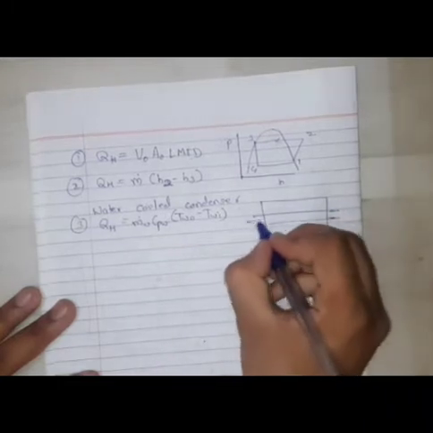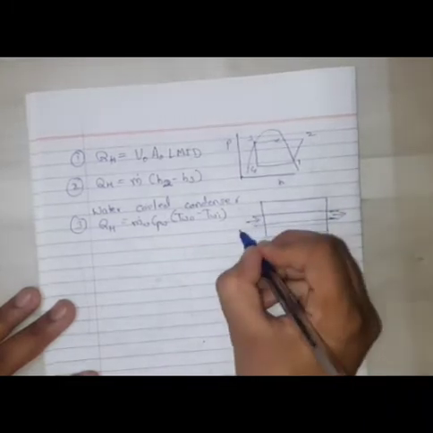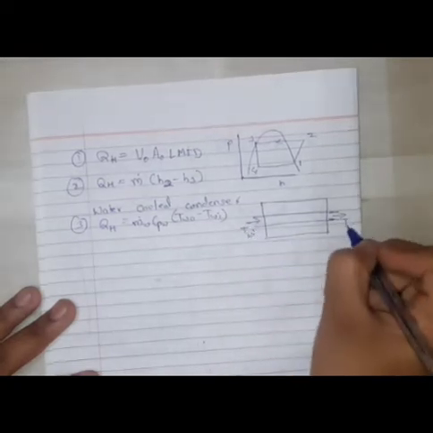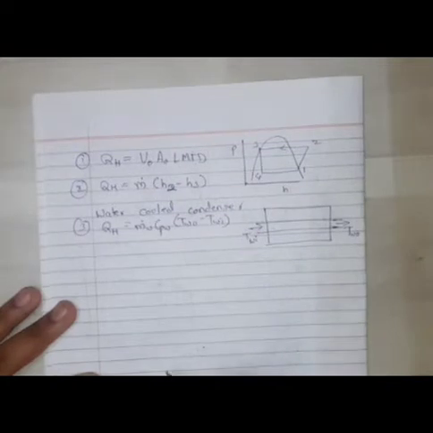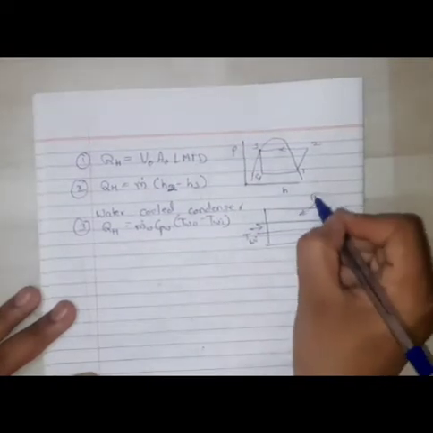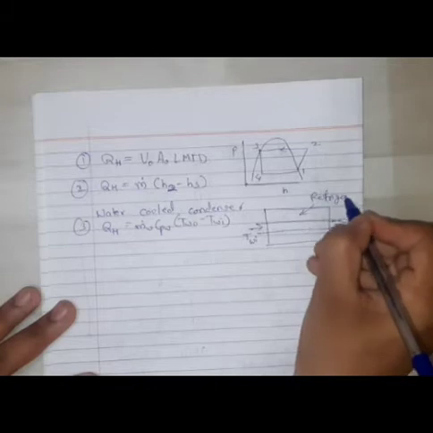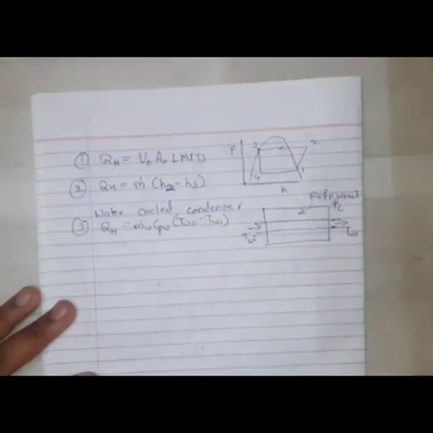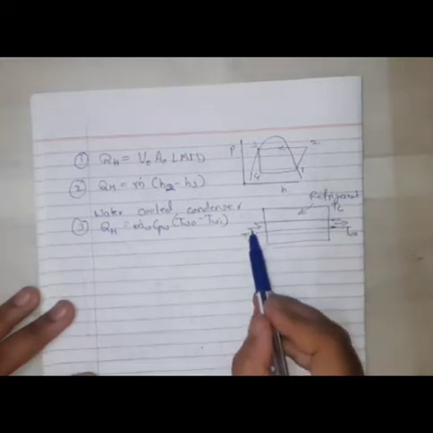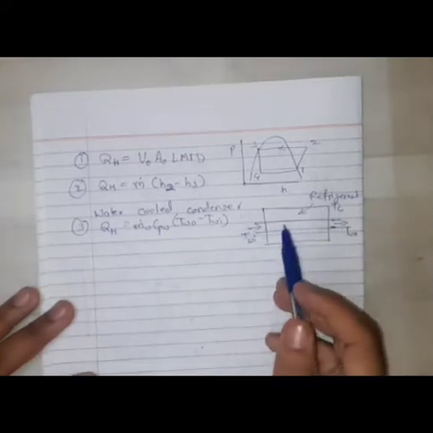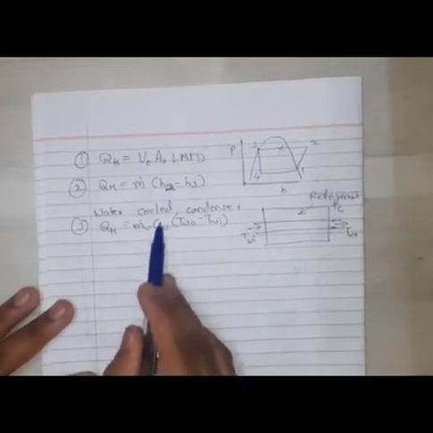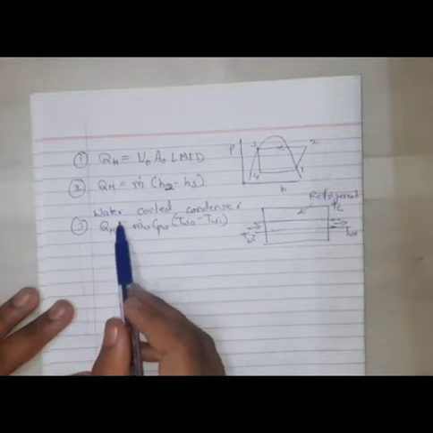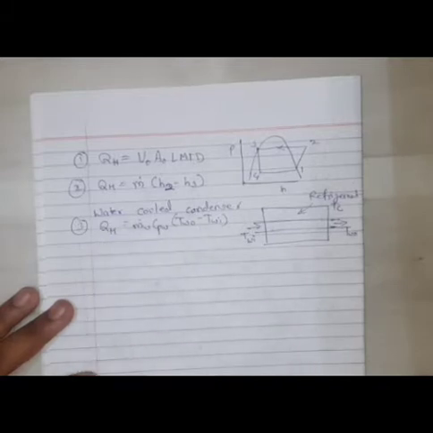This is the water inlet, so water inlet TWI and water outlet temperature TWO, and here is your refrigerant having a certain temperature, let's say TC. And this water has its own mass flow rate, and this CP also, the specific heat capacity. So from this equation also we can get the heat transfer rate.